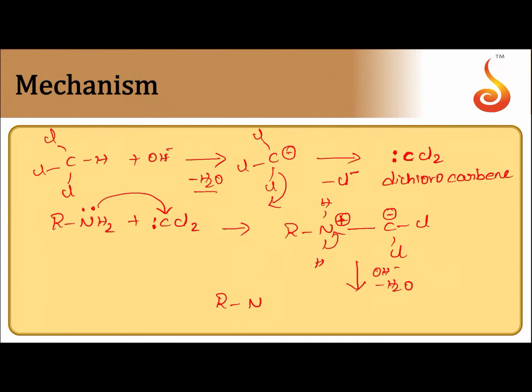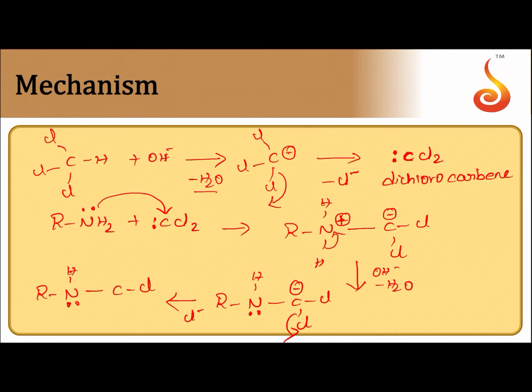So what will I get? R, N, H, here lone pair, C, Cl, Cl, with carbon negatively charged. This again loses a molecule of Cl minus. Cl minus goes out as KCl. So what will I get?